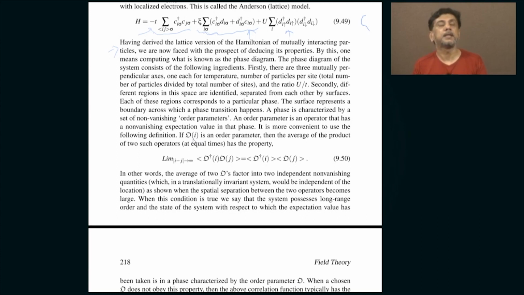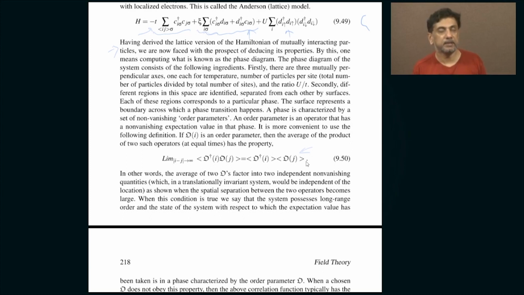Now, the idea is that if some operator deserves to be called an order parameter, it had better obey this property. That is, if you take the average of O dagger i into O j and you make i and j far apart, remember that i and j are lattice points, I am talking about a lattice model, then O i and O j become uncorrelated.